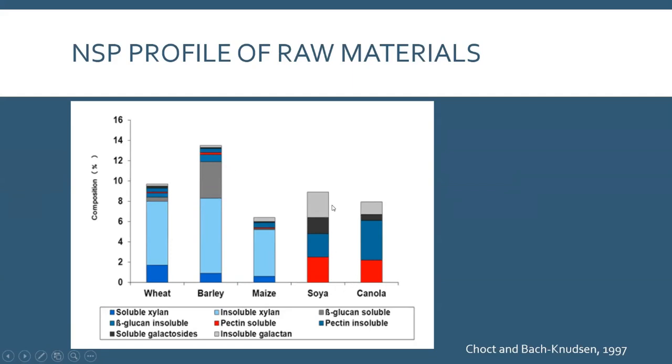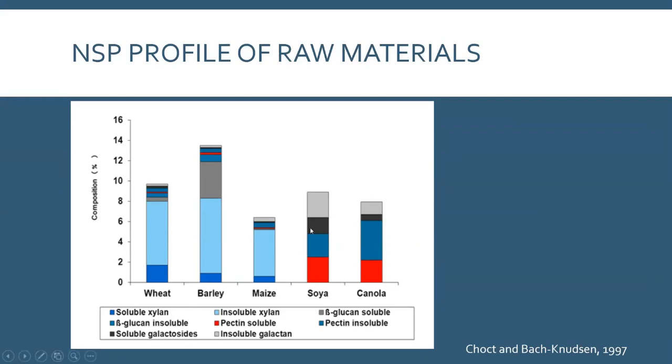In the case of soybean and canola meal, these are the main protein or amino acid sources for our feeds, both for swine and poultry and for other species.